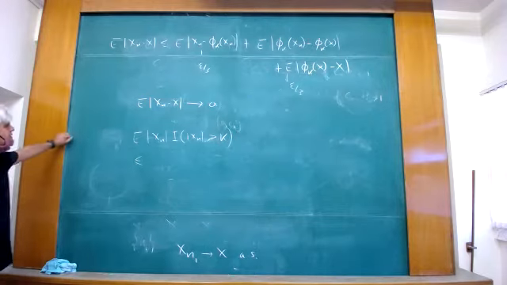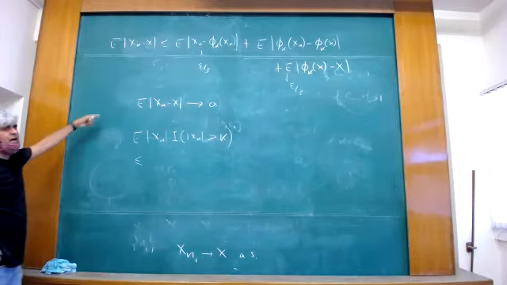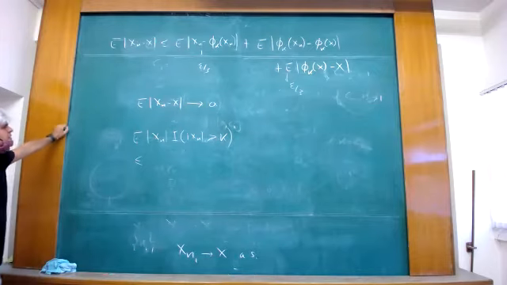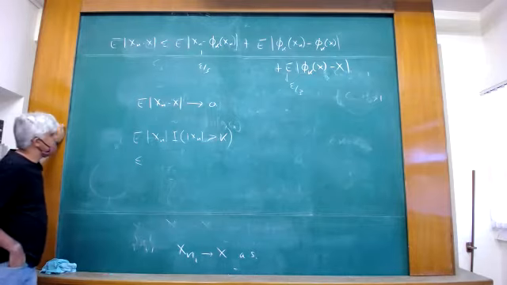If it is not going to 0, then somehow we can show that E of |xn_i minus x| is not going to 0. So you're saying, suppose I don't have uniform integrability, then I won't have this. For a subsequence, that will not converge to 0. So you can choose some epsilon always.